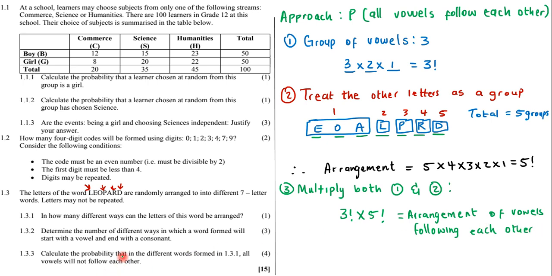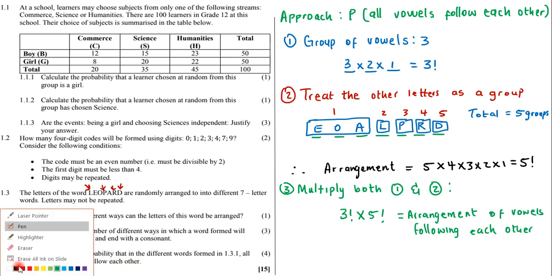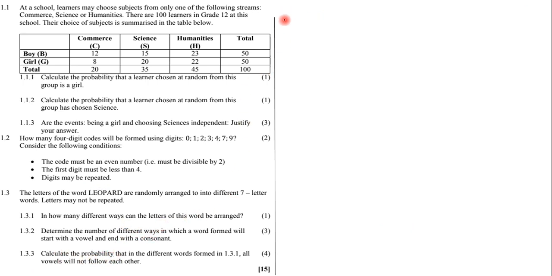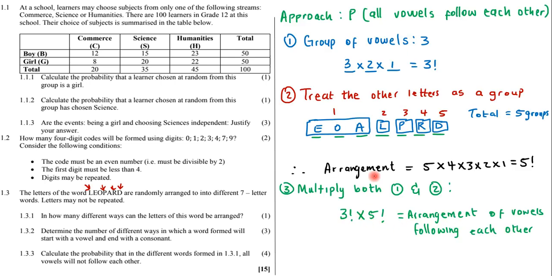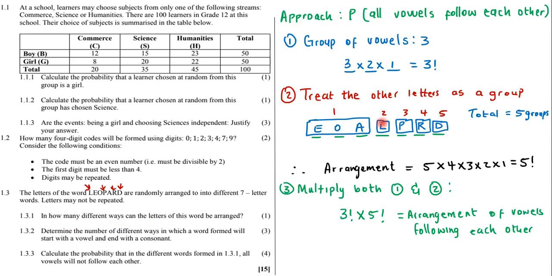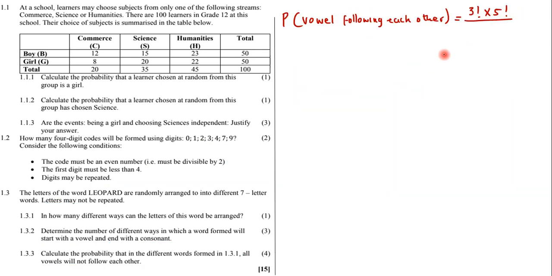Now you might think that we're done here, but nope, because the question asks us to find the probability. The probability of this is going to be easy to find. So the probability of vowels following each other will be this value, 3 factorial times 5 factorial, divided by the total number of our arrangements, which was 7 factorial.